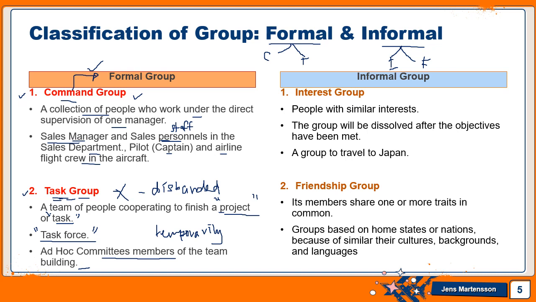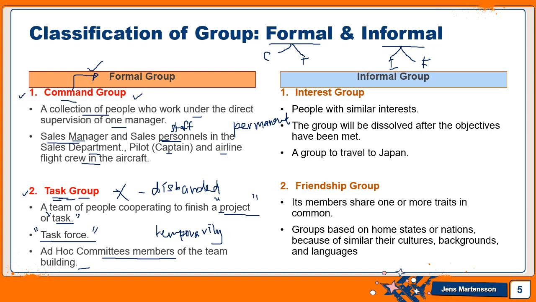But for the command group, such as the marketing department, sales department, which consists of the manager and also the employees, this is called a permanent group because they are created to complete a task specified to a particular department. Okay, so employees yang berada dalam marketing department tu, dia akan buat kerja marketing forever until that particular employee resigns or quits from the job.